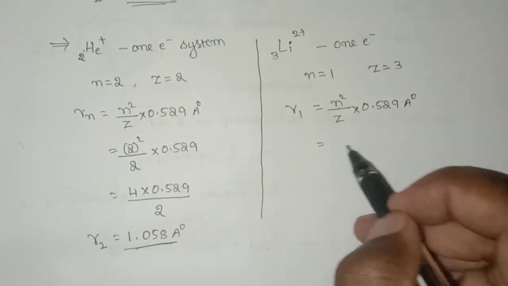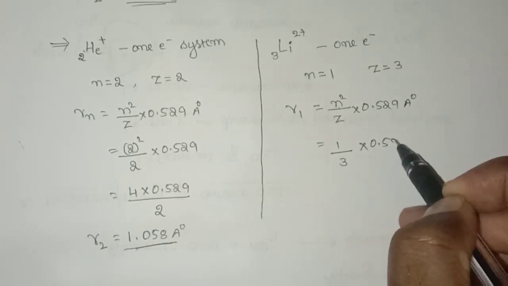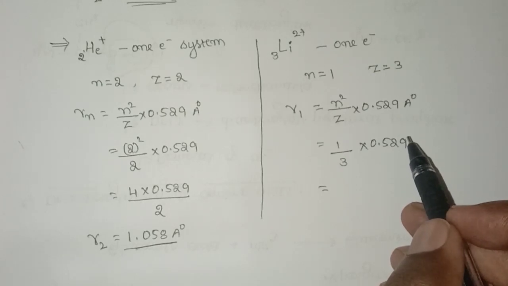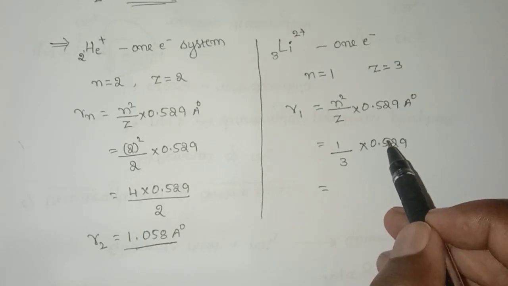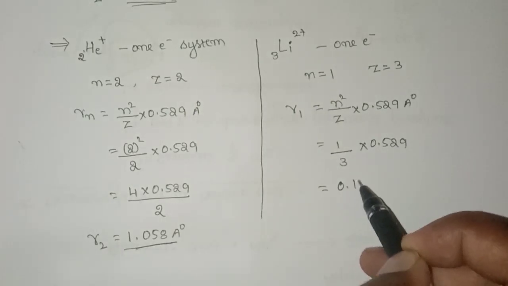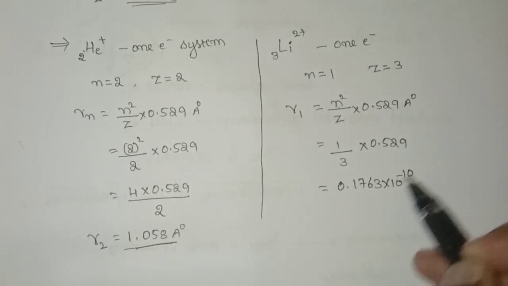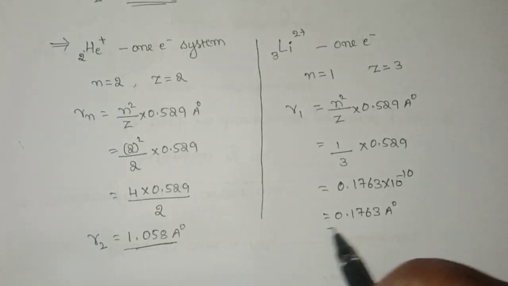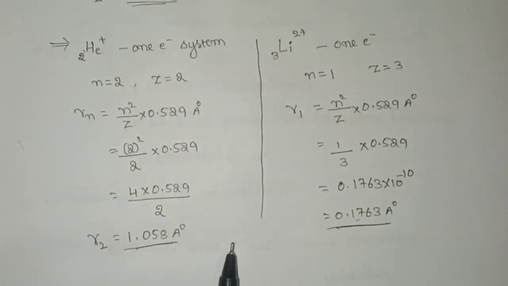The value of n is 1, so 1 divided by 3 into 0.529. Simplifying, 0.529 divided by 3, the value will be 0.1763 into 10 to the power of minus 10, that is 0.1763 angstrom unit. That is the radius of the first orbit in the case of lithium.